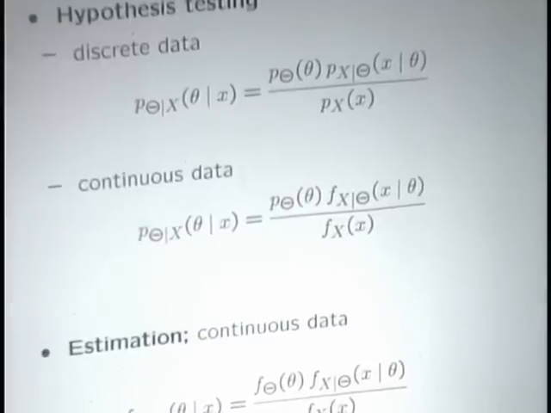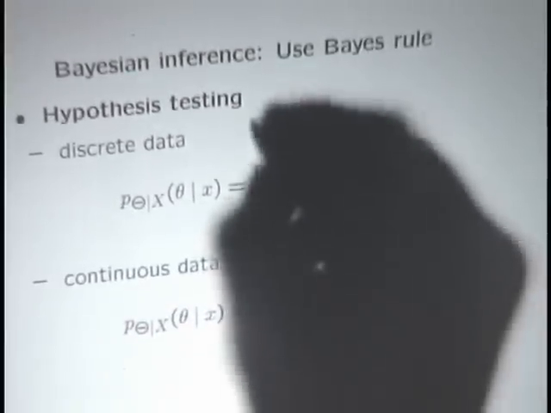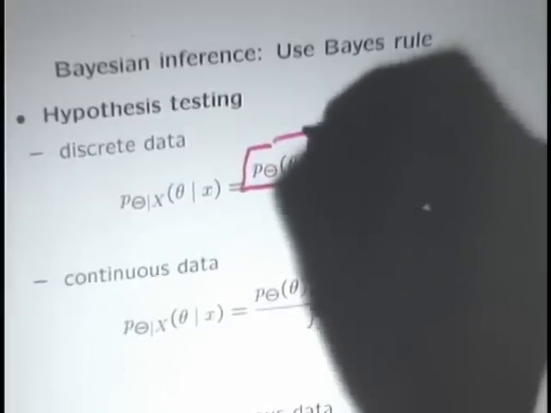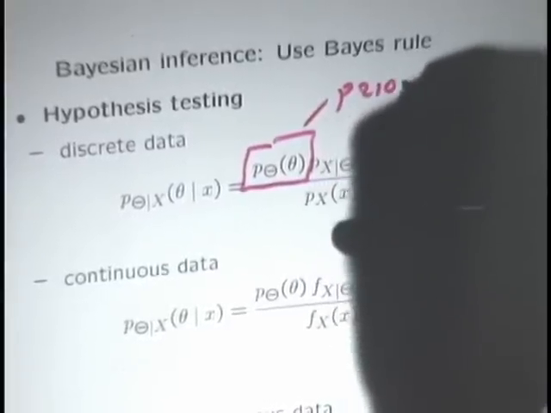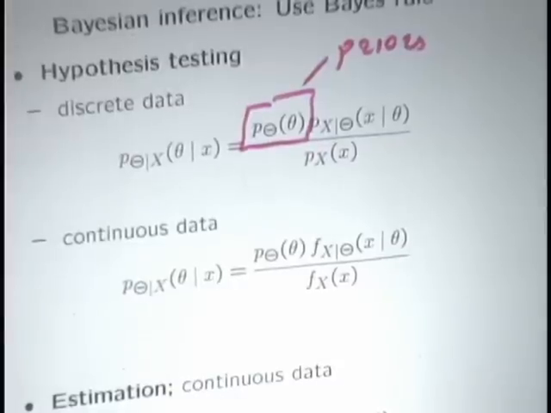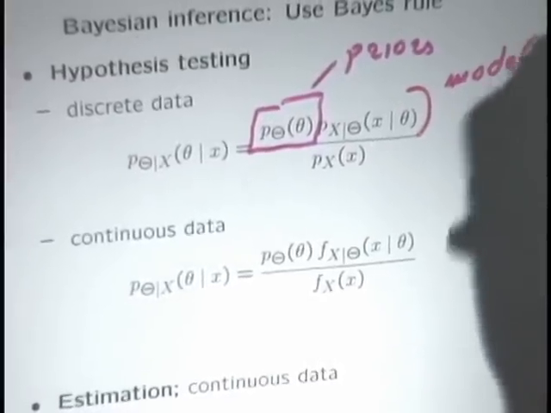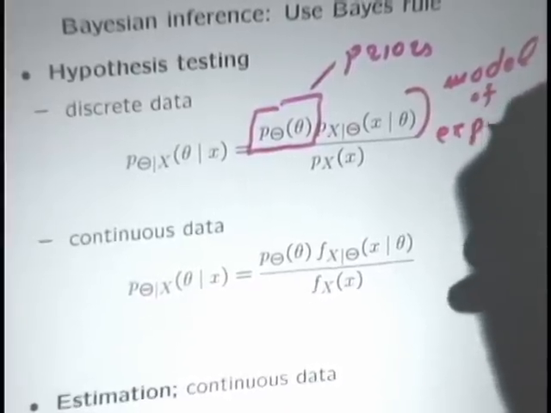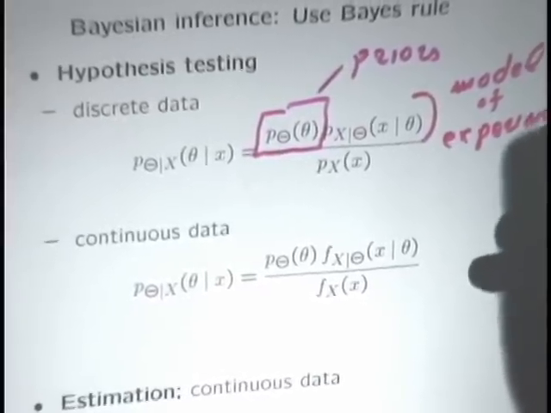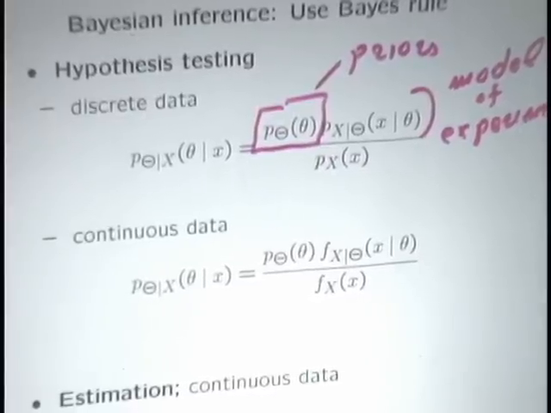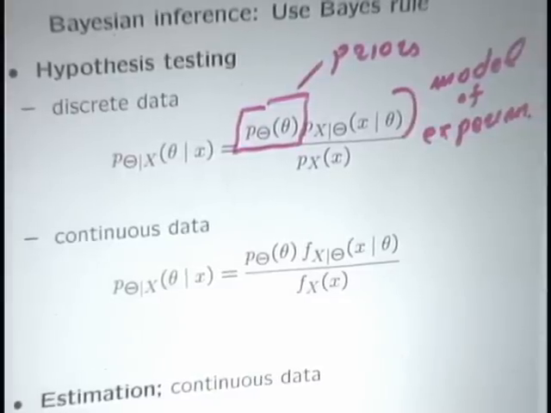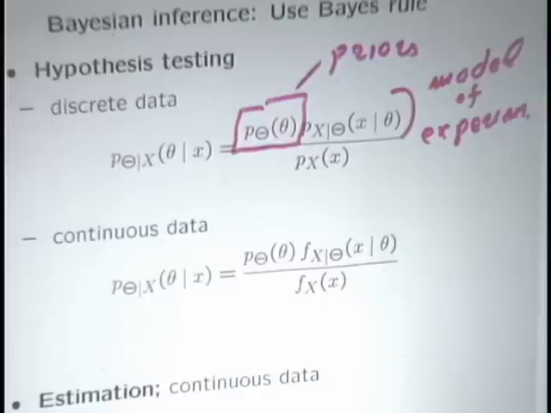So to use Bayesian inference, what do we start with? We start with some priors. These are our initial beliefs about what theta might be. That's before we do the experiment. We have a model of the experimental apparatus. And the model of the experimental apparatus tells us if this theta is true, I'm going to see x's of that kind. If that other theta is true, I'm going to see x's that are somewhere else.